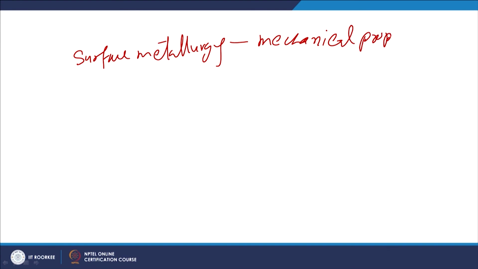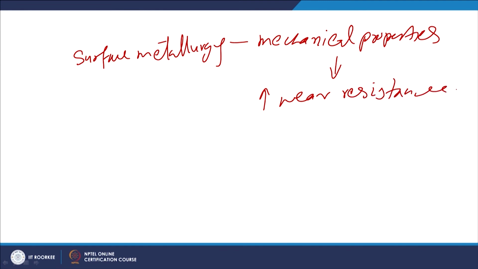Surface metallurgy is modified so that the change in metallurgy decides the mechanical properties which are realized, and this in turn leads to improvement in wear resistance for certain kinds of wear conditions, especially adhesive, abrasive, erosive wear, and cavitation wear.